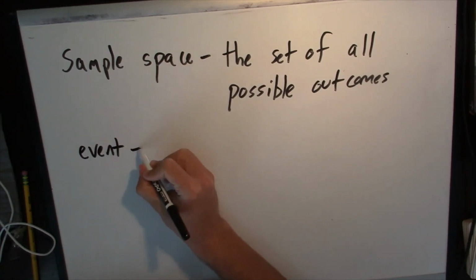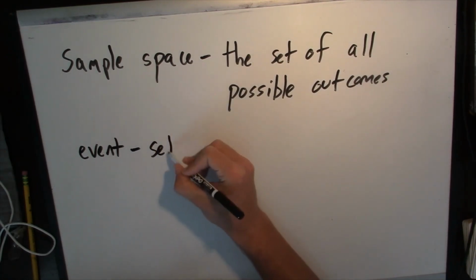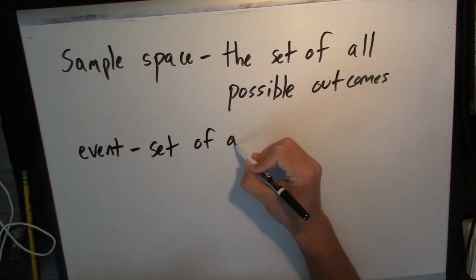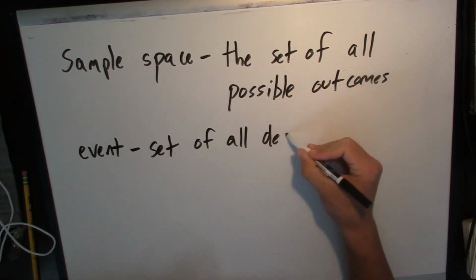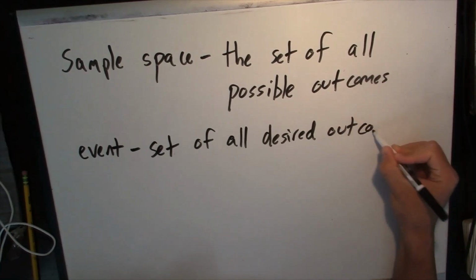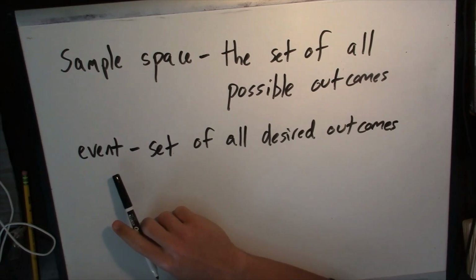Alright, then we talked about the event. An event was the set of all desired outcomes. That's the way I'm going to phrase it here. So you could describe an event as pretty much anything.